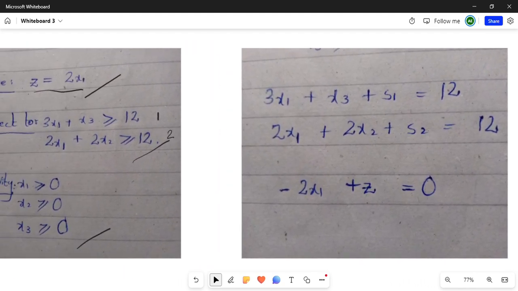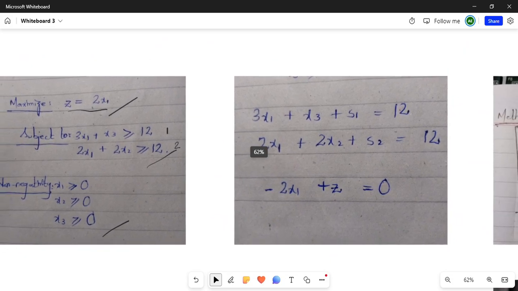The first step in the simplex method is making the constraints, which are inequalities, into equalities. Here we can see that these are inequalities. The constraints are inequalities, and we have converted them into equations by means of a slack variable.